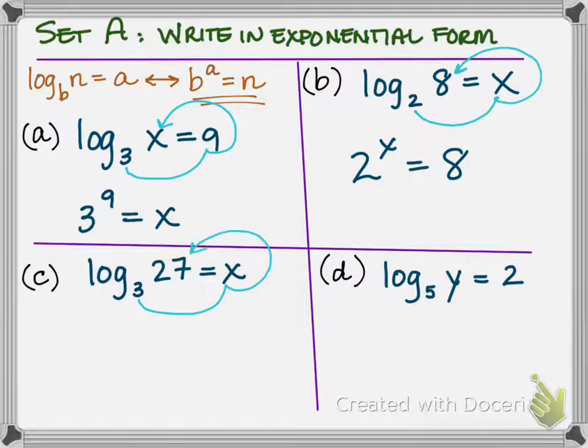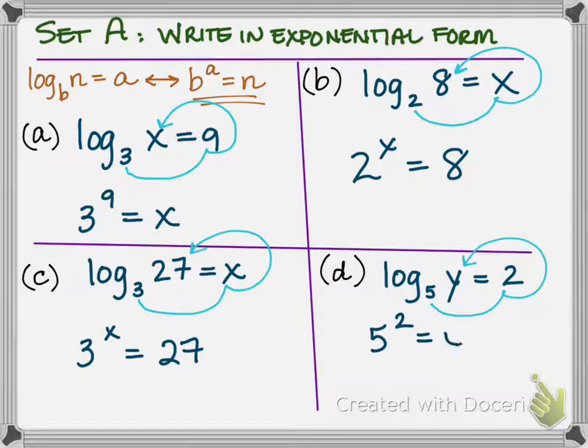You should have written 3 to the x equals 27. You start with the 5, raise it to the power of 2, because that's your exponent, wrap it around, and set it equal to y, which is your power. That's how you rewrite from log into exponential form.